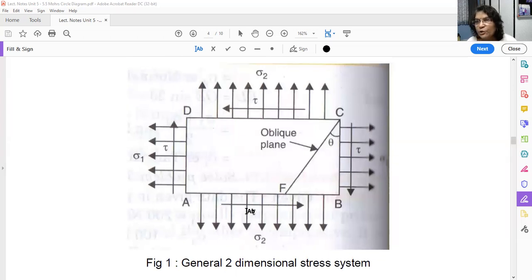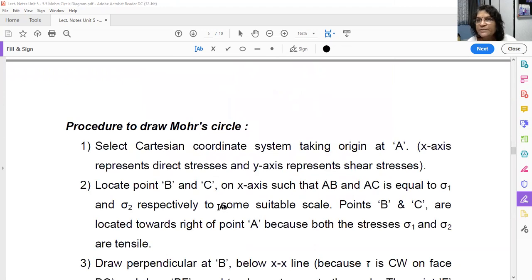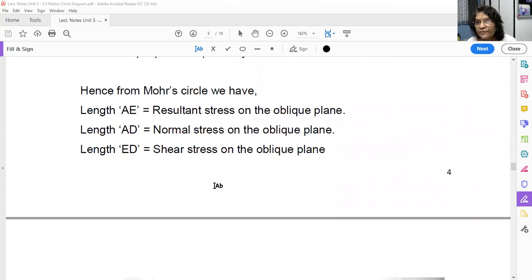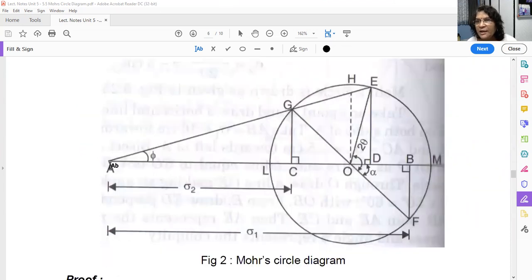So you have to locate two points for sigma 1 and sigma 2: one is B, the other is C. From A to B it is sigma 1, and from A to C it is sigma 2. So after locating point A, the origin, locate point B at sigma 1 distance. Of course, you have to take some suitable scale. And locate point C at sigma 2 distance.